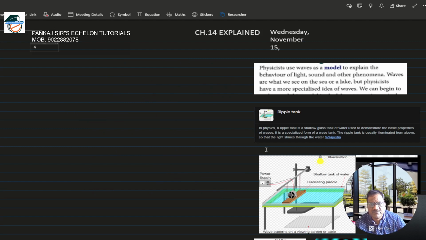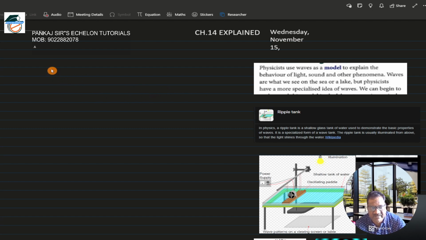As I told you, we'll be starting with the wave and its description. In the field of physics, the wave is taken as a model to explain the behavior of various signals or phenomena like light, sound, and electromagnetic radiation, because these are energies which travel in the form of a wave.